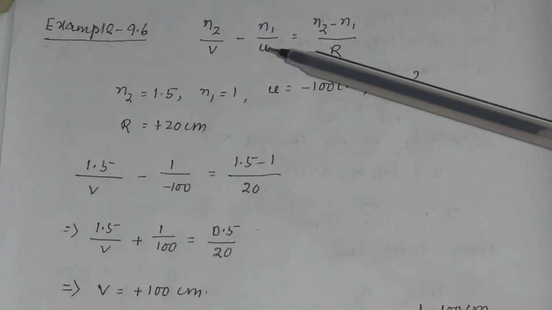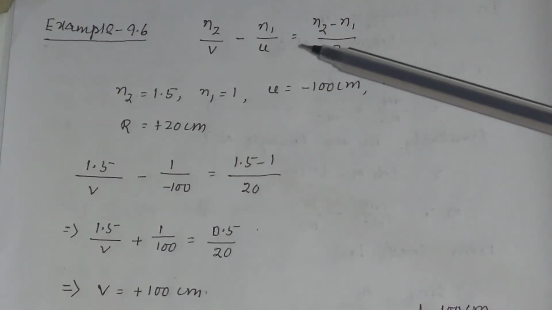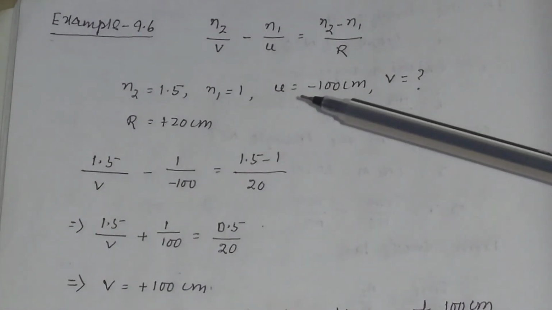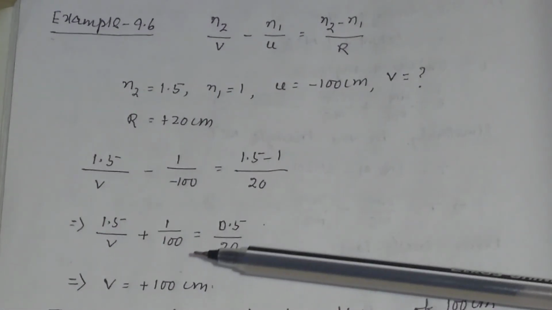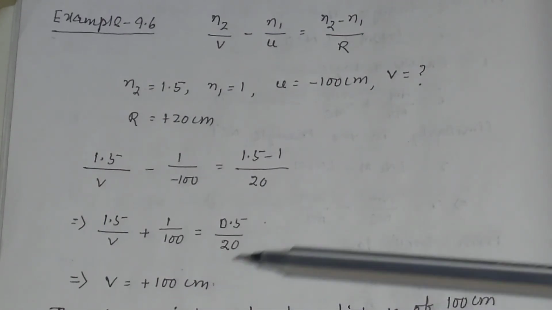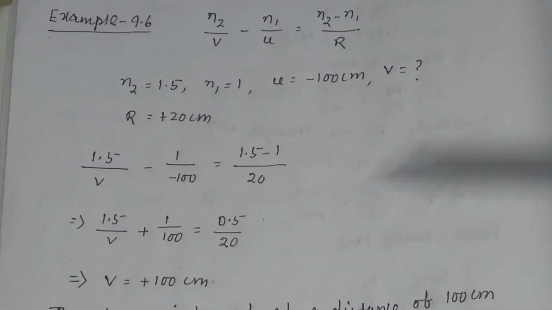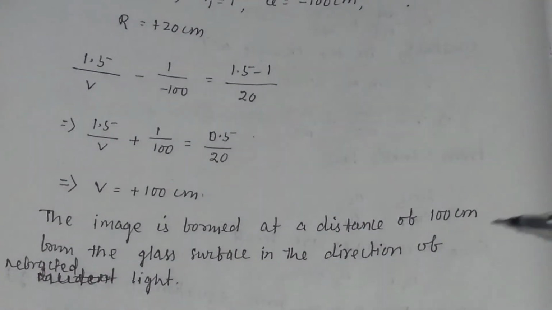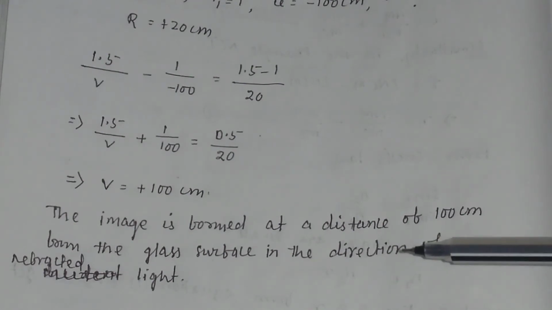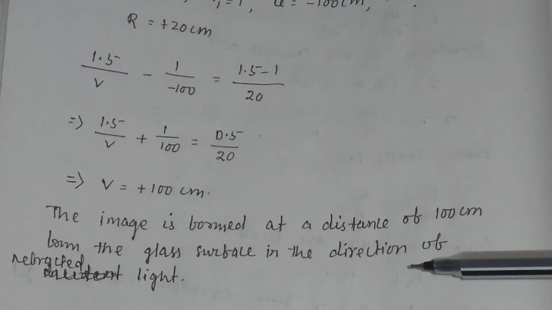Using the formula n2 by v minus n1 by u equal to n2 minus n1 divided by R, if you substitute the given values, you can find the image distance is equal to plus 100 centimeter. So the image will be formed at a distance of 100 centimeter from the glass surface in the direction of refracted light.